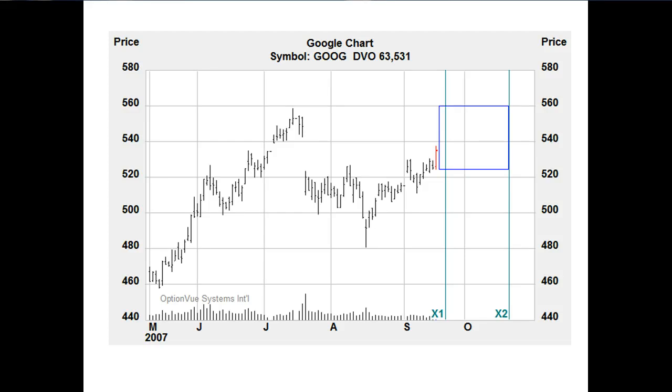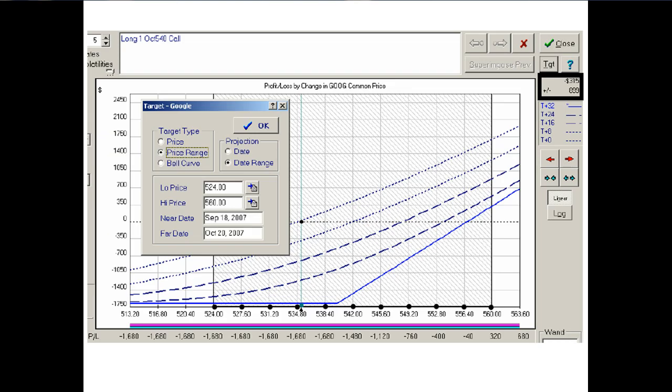And this corresponds right there. You can kind of see 524 to 560, September 18th to October 20th. And here's how we calculate a new expected return. This expected return is done completely different.